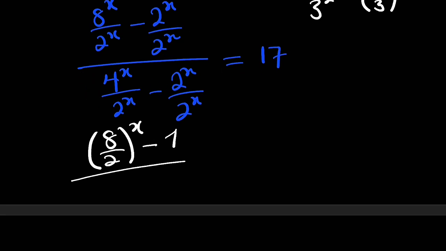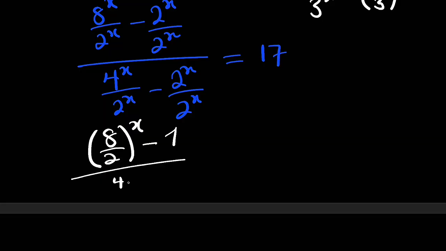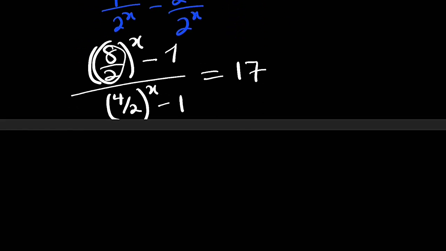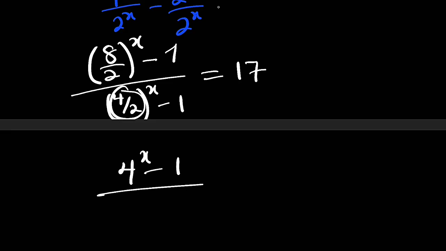You equally do the same thing here: 4 over 2 raised to the power of x minus 1, and this is equal to 17. We are simplifying. 8 divided by 2 is 4, so we have 4^x minus 1, divided by 4 divided by 2 is 2, so we have 2^x minus 1. This remains equal to 17.